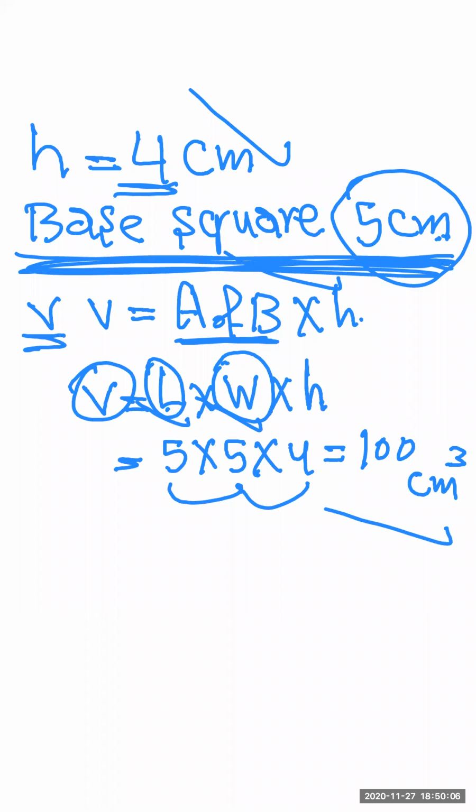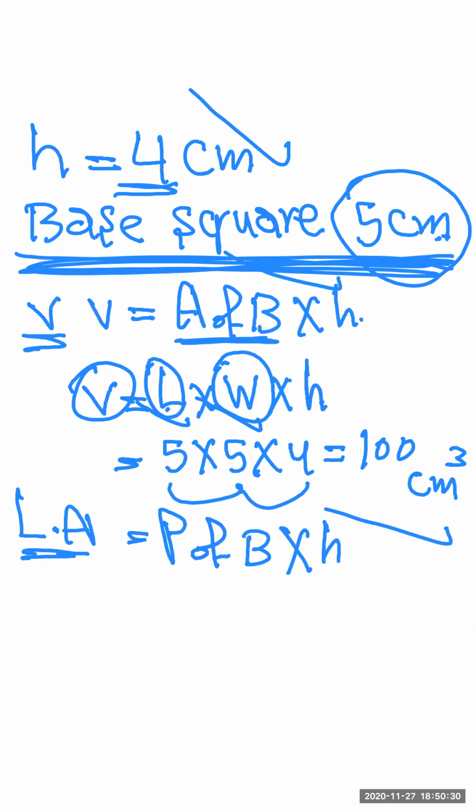Okay. Then the next requirement in this question, we want to get the lateral area. We said that the lateral area equals perimeter of the base times height. It's a square, so perimeter of the base times height will equal 4 times 5 times 4.